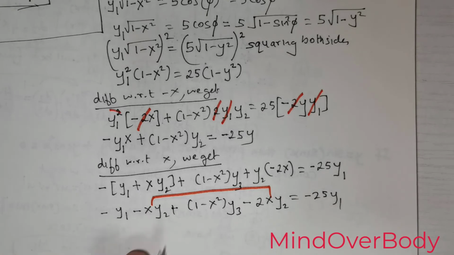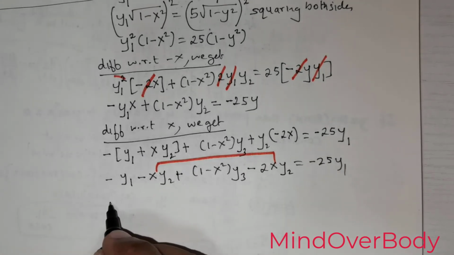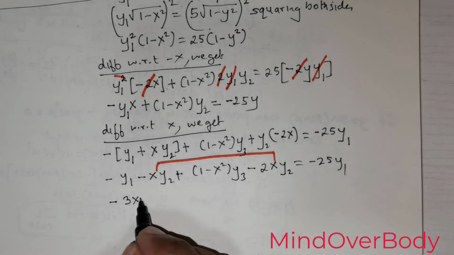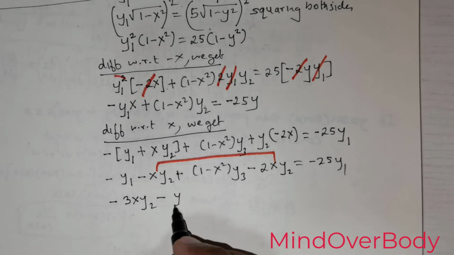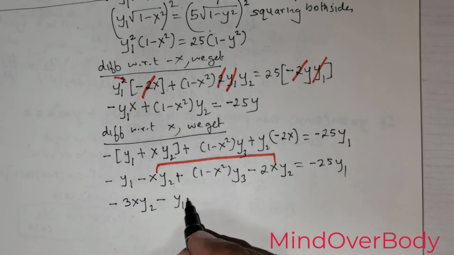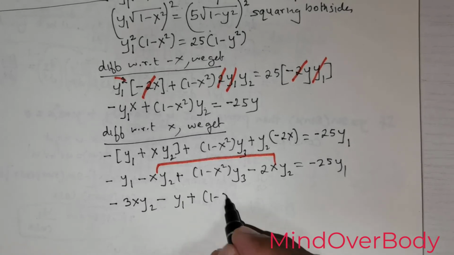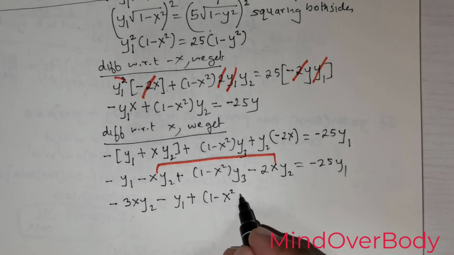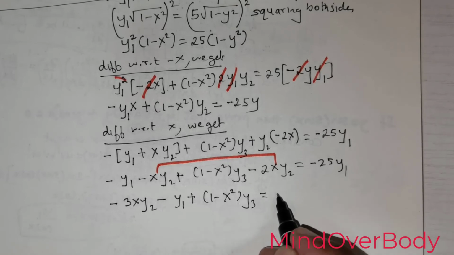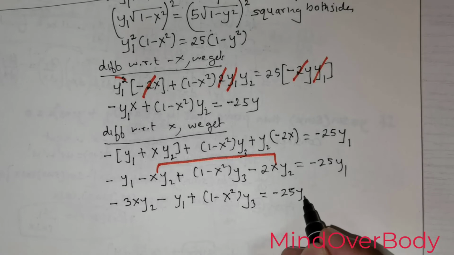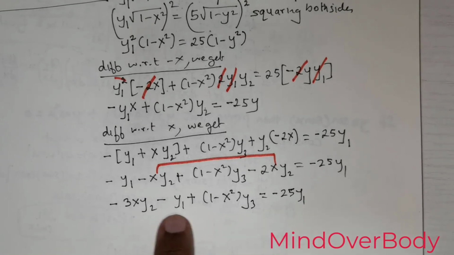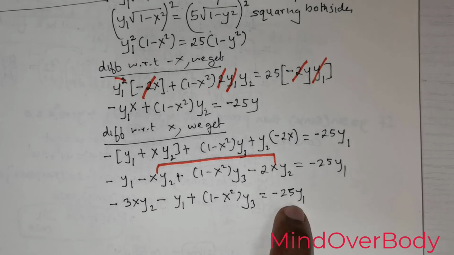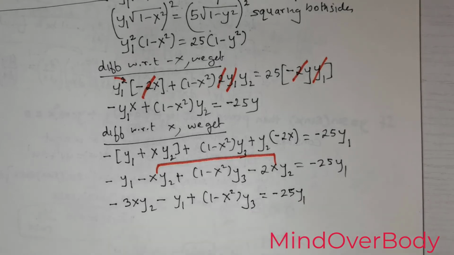If I add them together, I would get negative 3 times x y2, and then I have y1 here. Followed by 1 minus x squared times y3 is equal to negative 25 y1. Now we can club these two together, negative 25 y1 and negative y1.